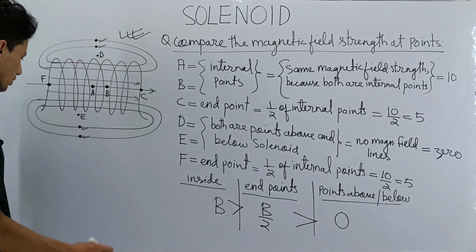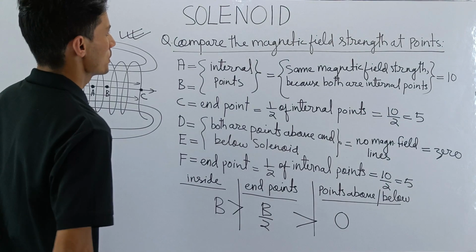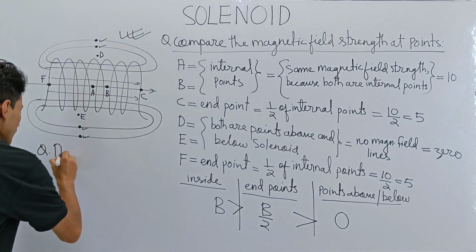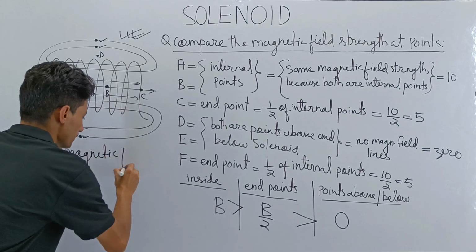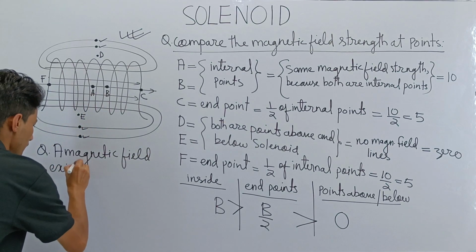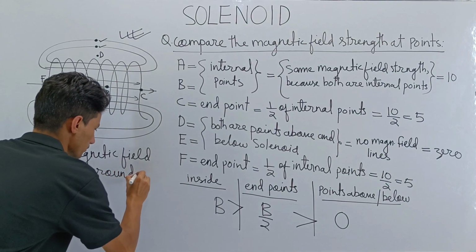So before we disperse, I have a question for you. Today's question is: a magnetic field exists around which of the following?